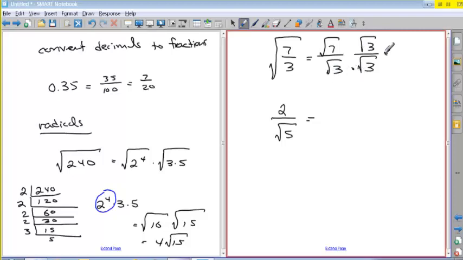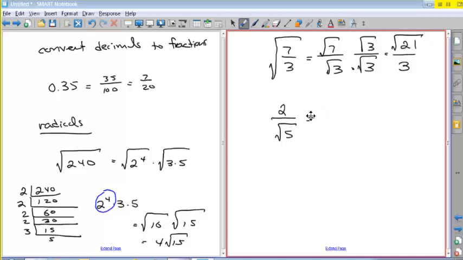When you multiply these two together, you're multiplying fractions together. Square root of 3 times the square root of 3 is 3, and then you can multiply these two together. Well, 7 times 3 is 21, so it's the square root of 21. And then you'd look to see if you can simplify this by having any perfect squares that are factors of this, which in this case is not. You have 7 and 3, neither of which are perfect squares.